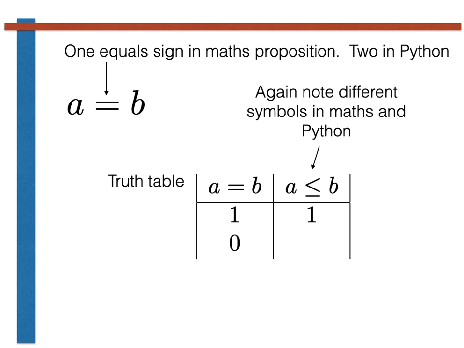If by contrast the proposition A equals B is false, we do not know whether A is less than or equal to B, as A is not equal to B. If A is not equal to B, it may be less than B, in which case the second proposition is true, but A and B are also not equal if A is greater than B.